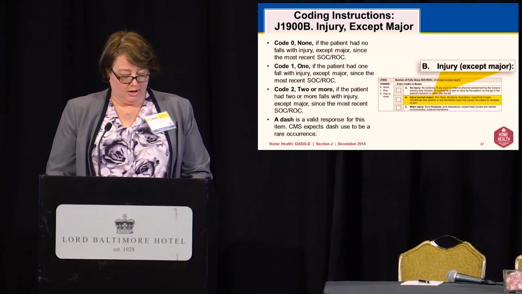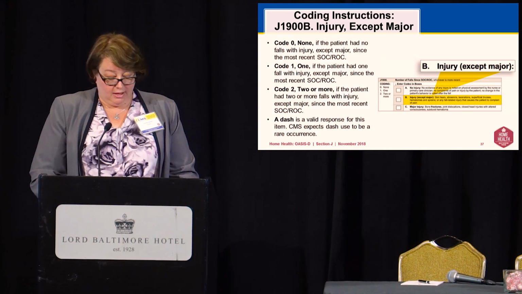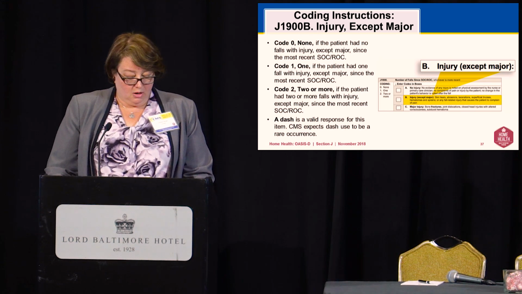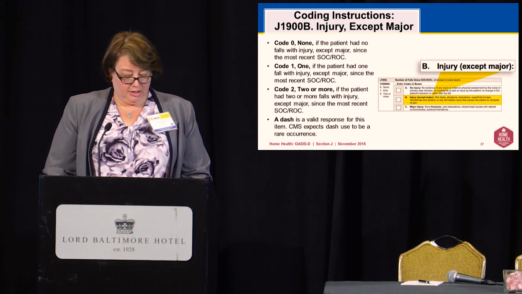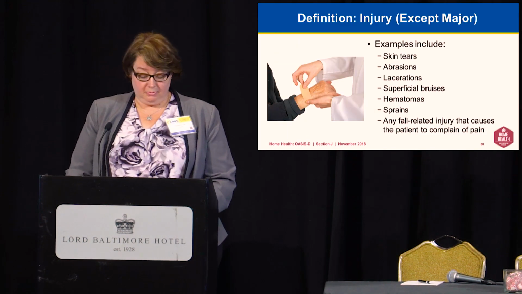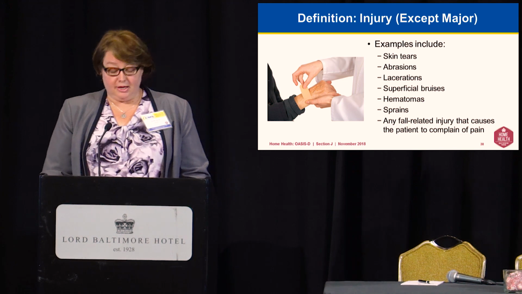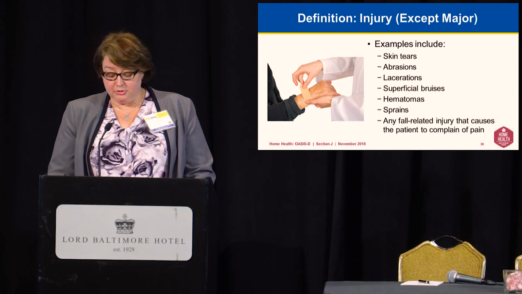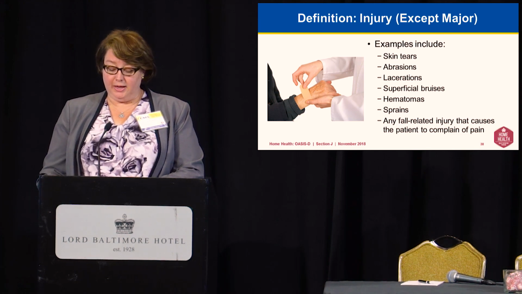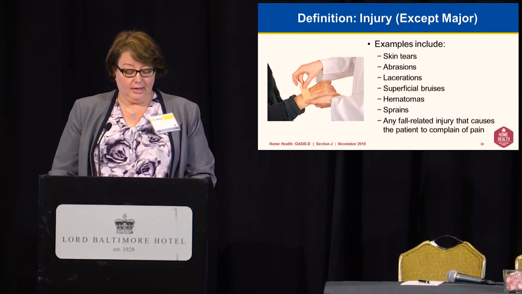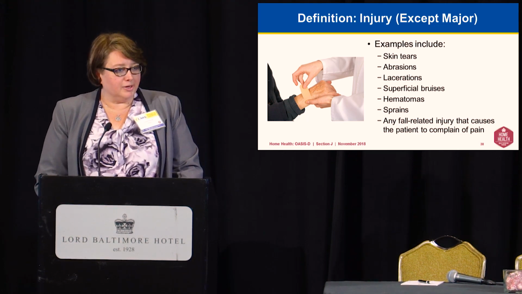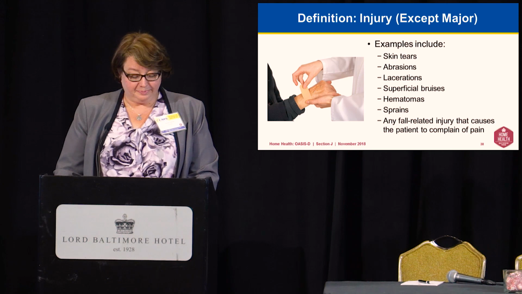A dash is considered a valid response, and again, we expect the use of that dash to be rare. What are some examples of injury except major? Examples include skin tears, abrasions, lacerations, superficial bruises, hematomas, sprains, and any fall-related injury that causes the patient to complain of pain. Though this is a list, it's not an exclusive list. I'm sure there are other examples that are not here.